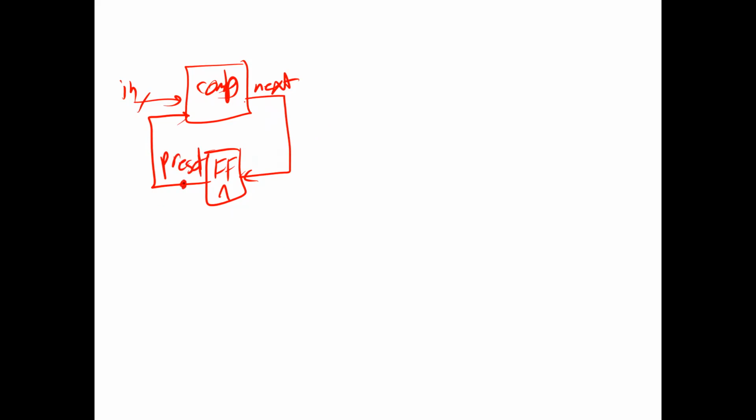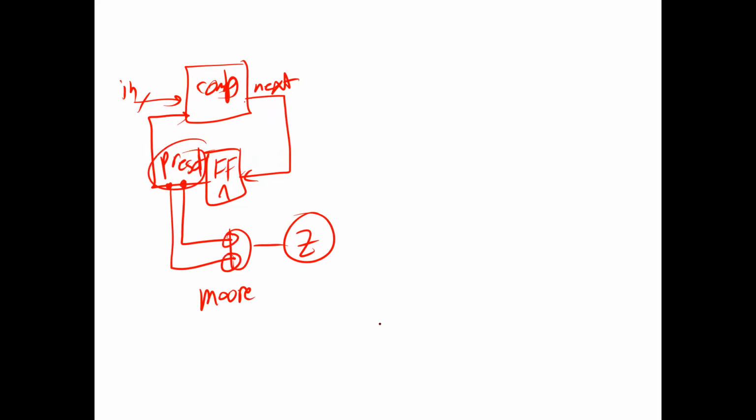Now if your output is coming from here, let's say Z is an output of your circuit, this is a Moore type sequential circuit. Why? Because the output depends only on the present state. Okay.